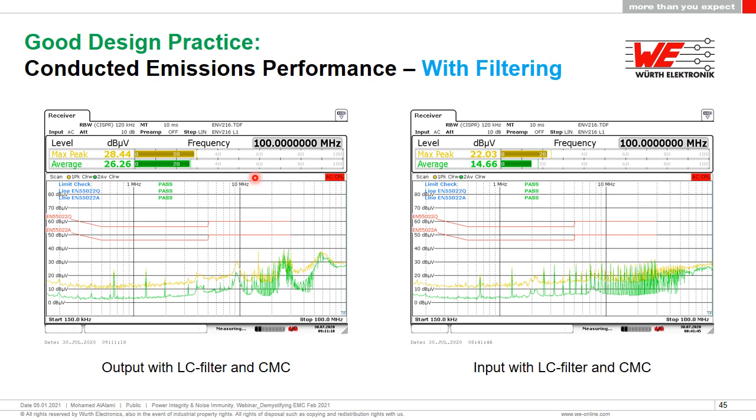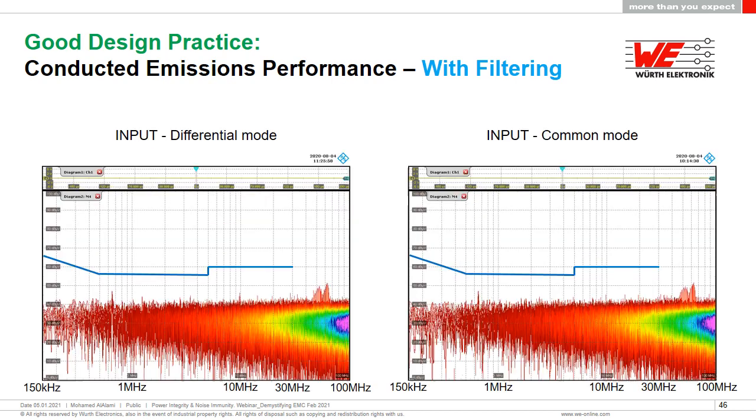You can have a look at this and use it to preempt any potential issues and nip any problems in the bud from an early stage before you have gone to EMC testing. And we've done the same test with that splitter to show us both differential and common mode noise using the RTO 2014.